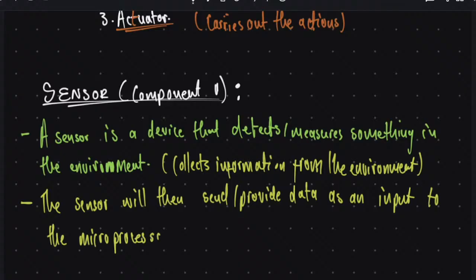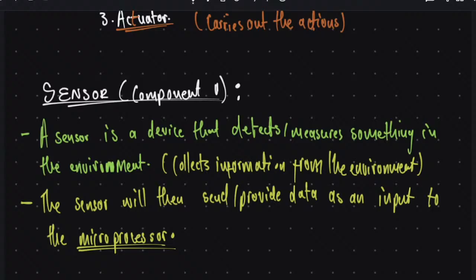So it is done. It should get data from the environment and give it to what? To the microprocessor, as an input to say, hey, this is what's going on.